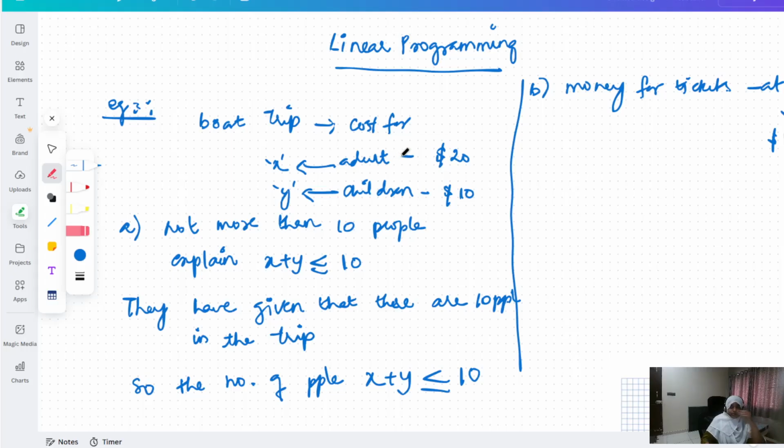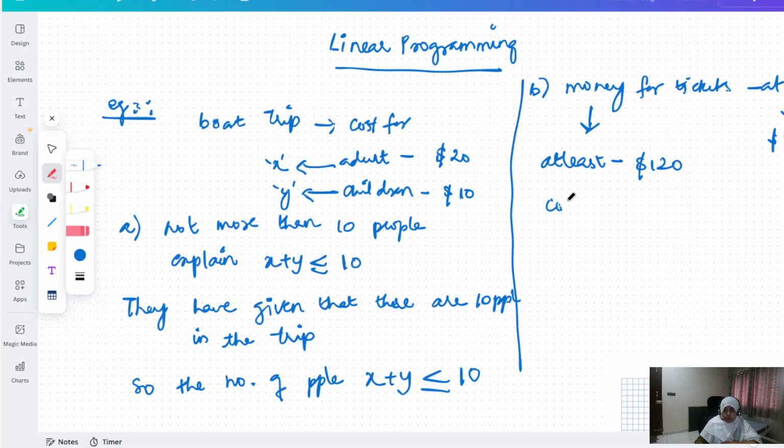I think that part of the board is not visible, I'll just write it here. So money for tickets should be at least $120. So how can we deal with this?